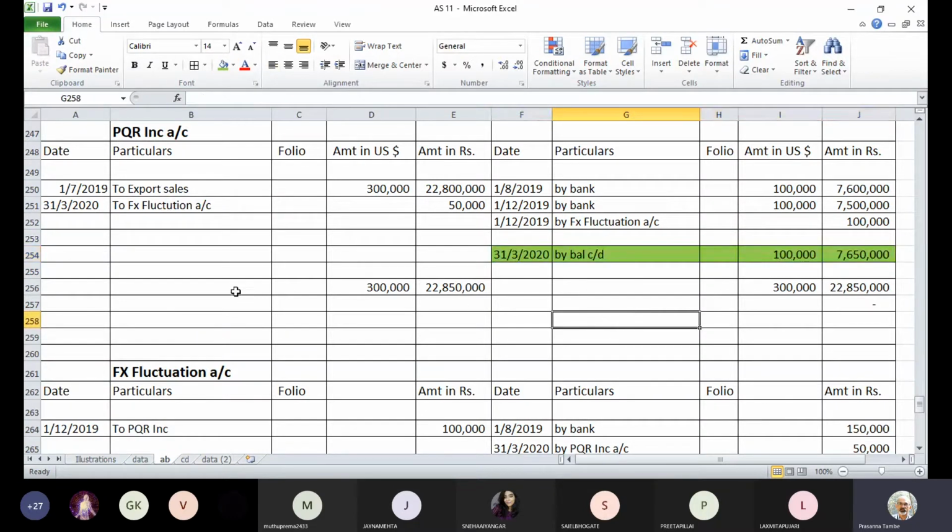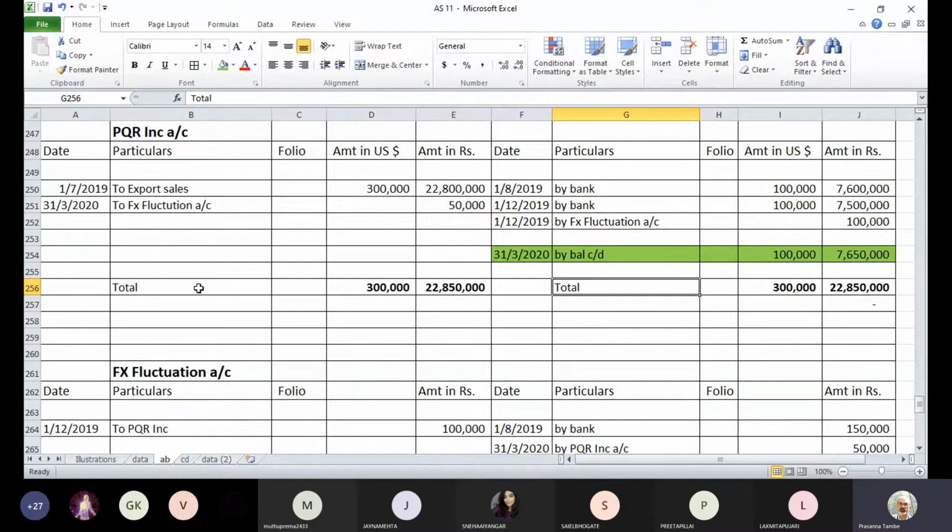I have told you one cross verification option here. How do you use the cross verification option, whether your year-end balance is correct or not? What did I tell you? 76,50,000 divided by 1 lakh.